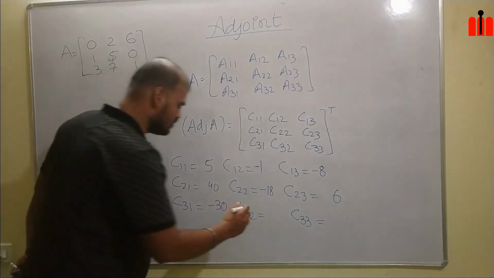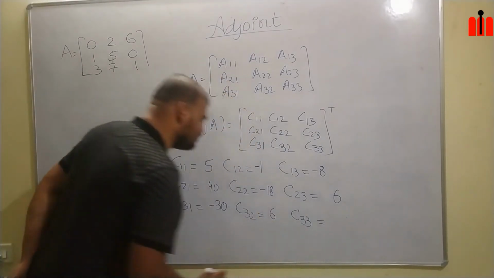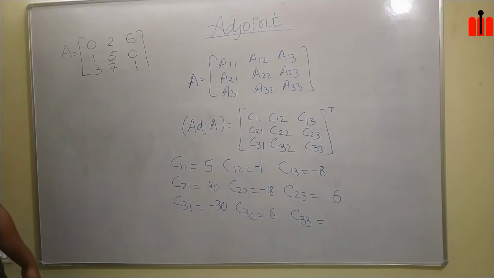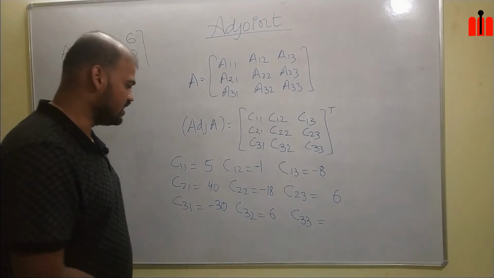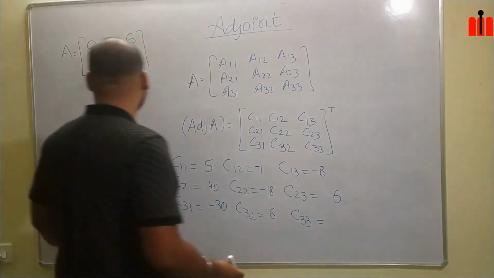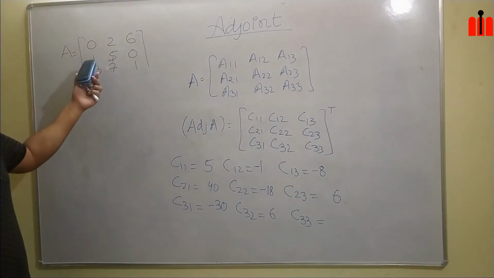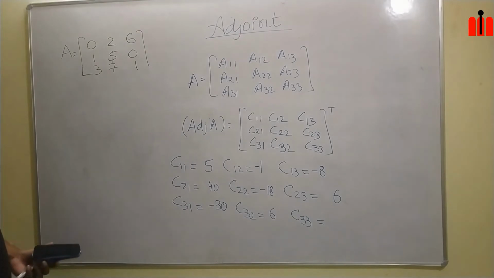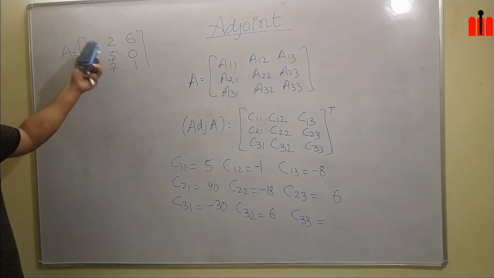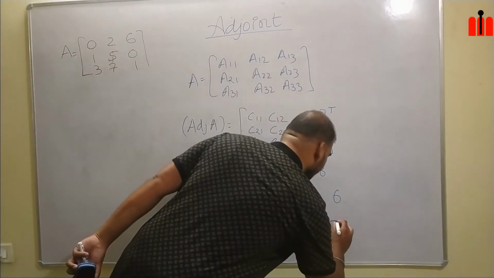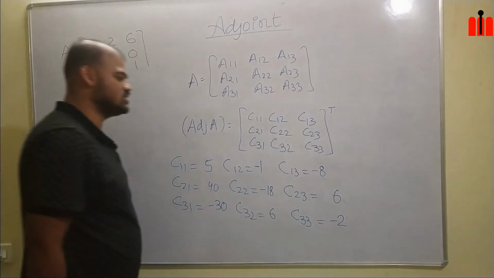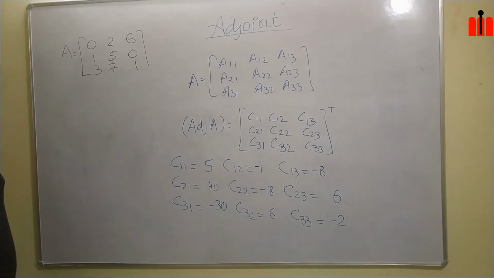So minus of minus 6 will be 6, right? So this cofactor is the negation of its minor. Here C33. For C33, it's minus 1 to the power of 3 plus 3, which is 6, so it's positive. It is 5 into 0 minus 2, so it is minus 2. Okay, are you getting it?